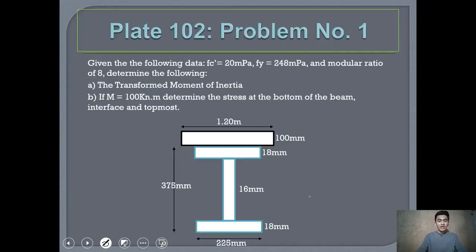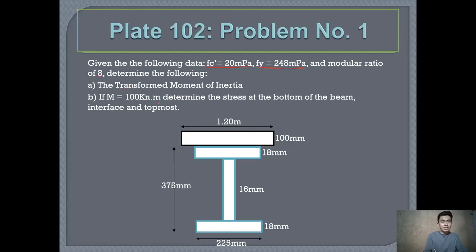Now, we have here your plate number 2. The data given are your fc prime, which is equal to 20 megapascal, your Fy, which is equal to 248 megapascal, and a modular ratio, which is equal to 8.